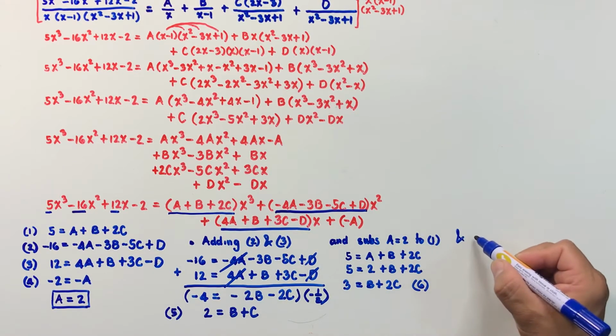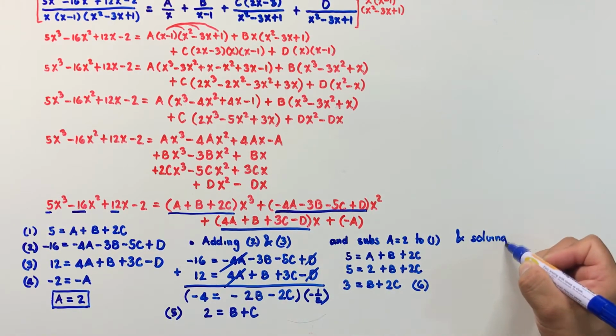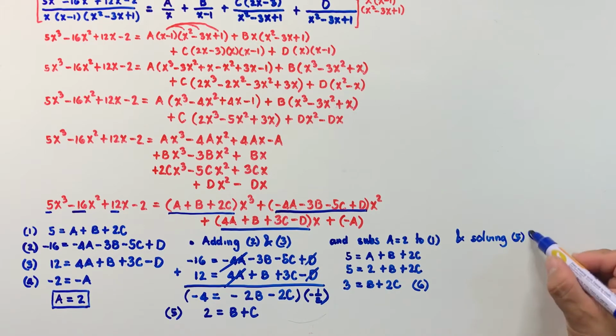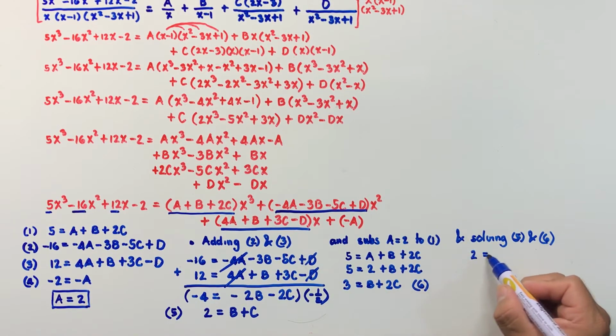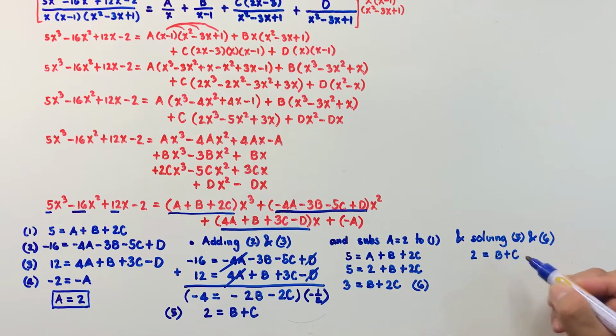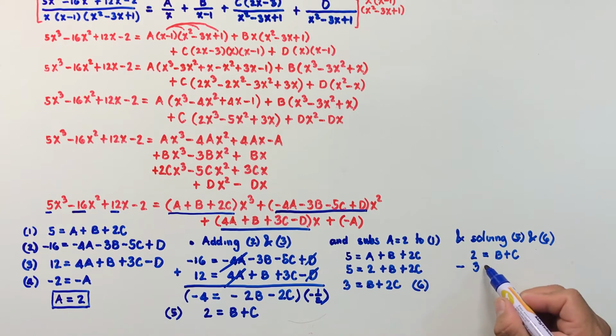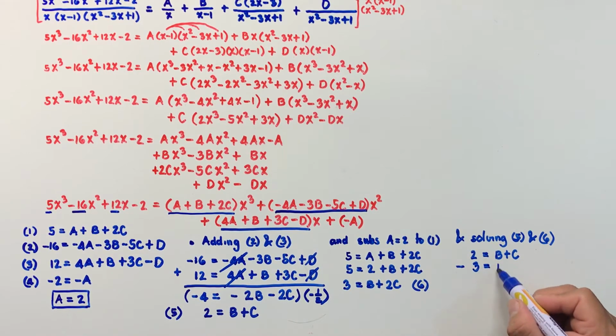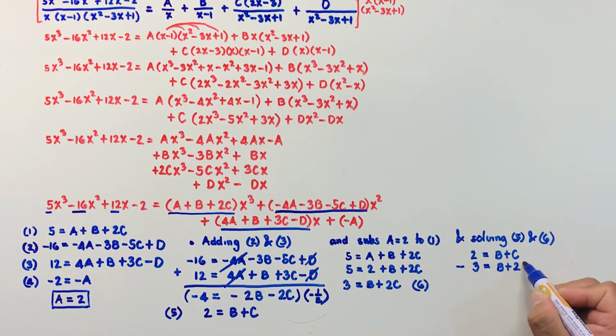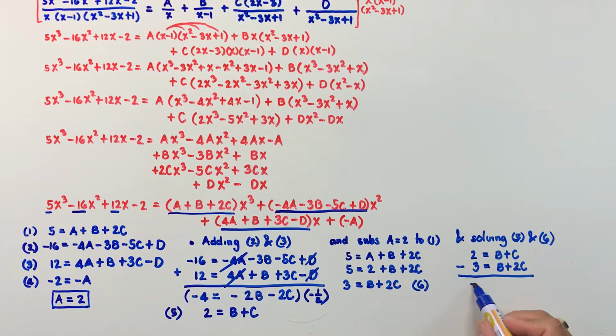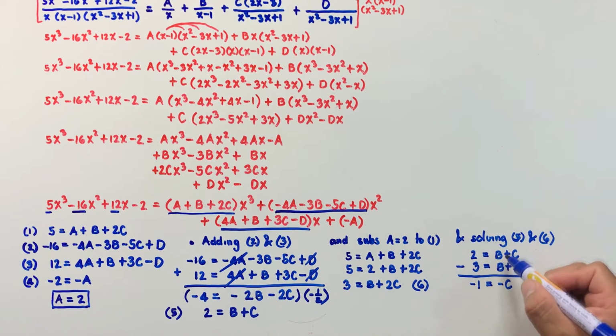And solving equations 5 and 6, we have 2, which is equal to b plus c, when subtracted by equation 6, which is this 3, which is equal to b plus 2c. The result when you subtract is negative 1, which is equal to minus c, because the b cancels each other.